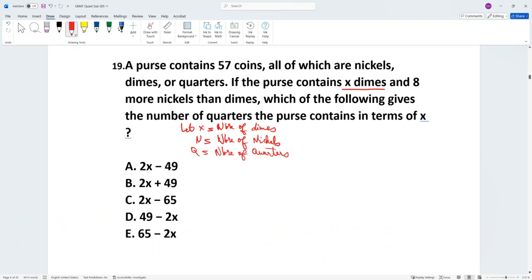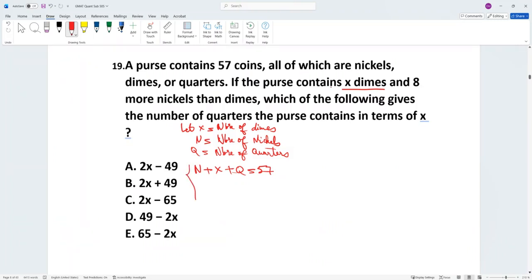And it says to us that first of all, n, the nickels, plus x, which is the number of dimes, plus q is equal to 57, because he said a purse contains 57 coins, all of which are nickels, dimes, and quarters. Okay, that's the first equation.